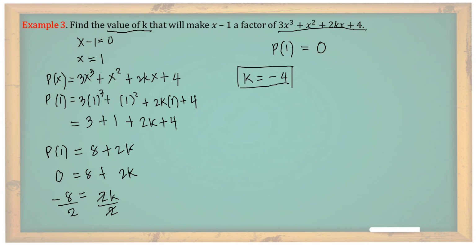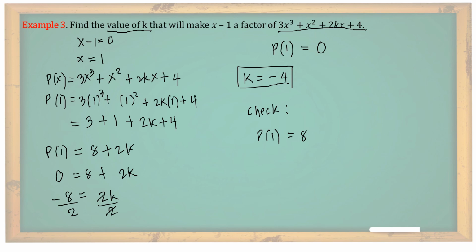I-check natin kung tama ba. Kapag tingnan natin kung pag pinalitan natin itong k ng negative 4, magiging factor ba nito si x minus 1 natin. Okay? So tingnan natin ha. Let's check. So P of 1 equals 8.